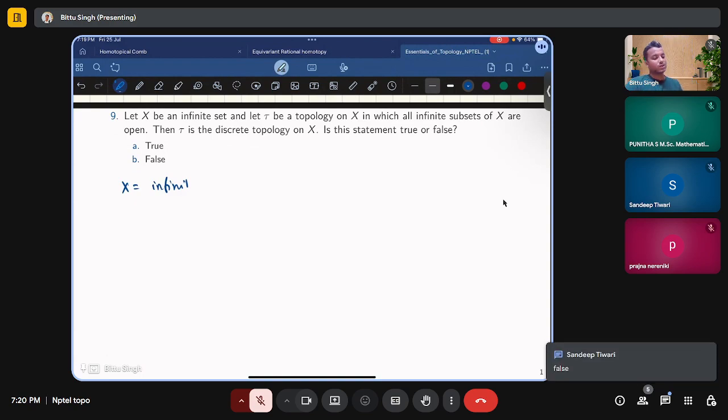Those are open, meaning it contains all infinite subsets. Now the question is: is tau a discrete topology or not? So it says that tau is the discrete topology. Is it true or false?